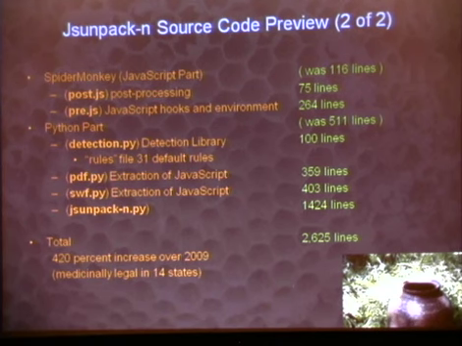What this does is, after the script executes, it will look through the current defined variables and look for shellcode and URLs that were defined in any variables. And the Python part of this is the detection library based upon Yara signatures, and also PDF, SWF, JavaScript decoding, and the main engine itself.